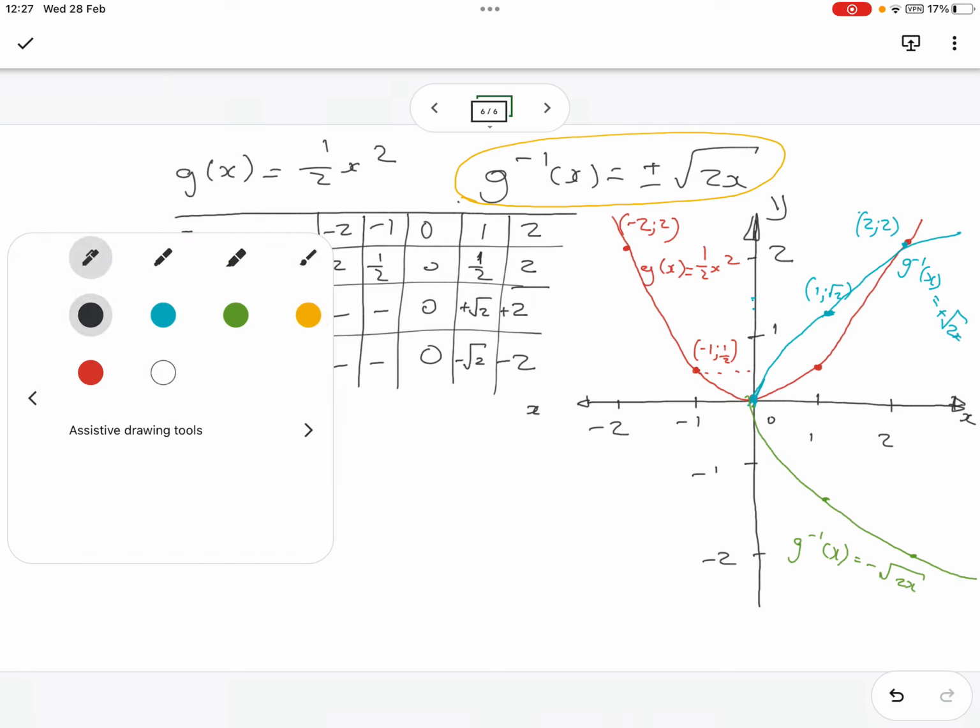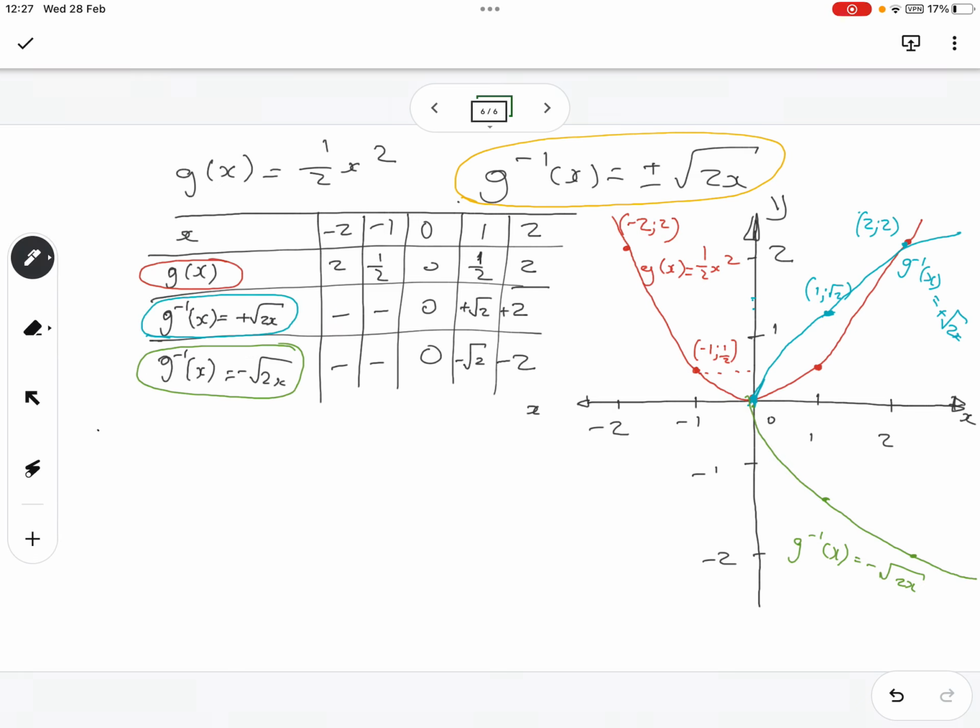Because the vertical line cuts it twice. So to answer part C, this is part B, right? g inverse is not a function because it does not pass the vertical line test. It fails the vertical line test. Such a simple test.